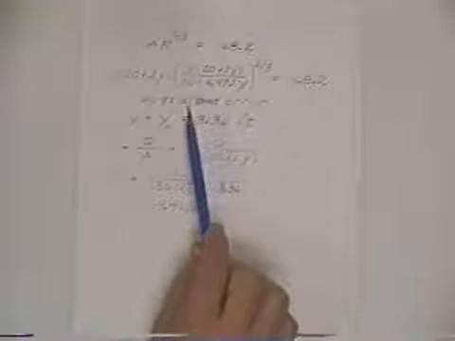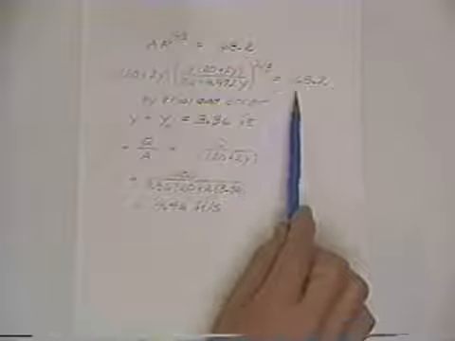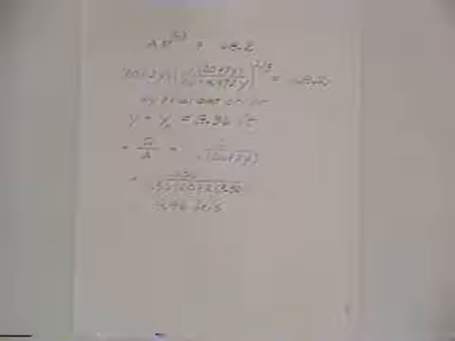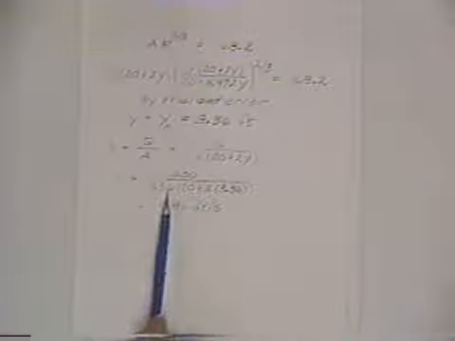When we do that, we've got an expression in terms of y, and we can solve for the depth y. By trial and error, that comes out to 3.36 feet. And then from that, we've got the depth. If we wanted the velocity, we divide the discharge by the area to get the velocity. And so that's basically using the Manning's equation.